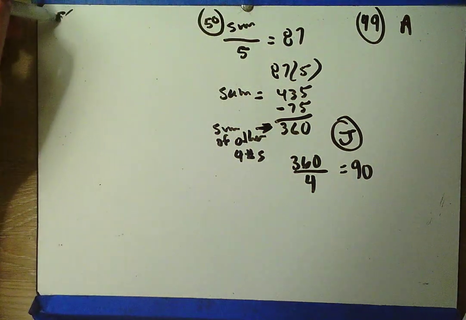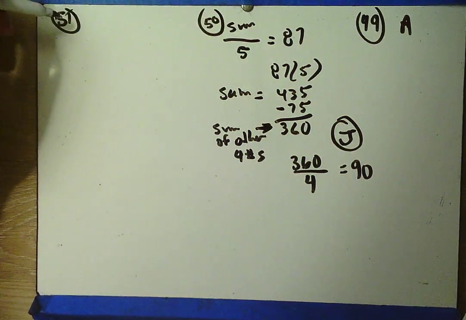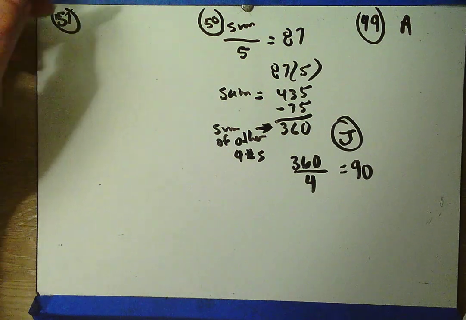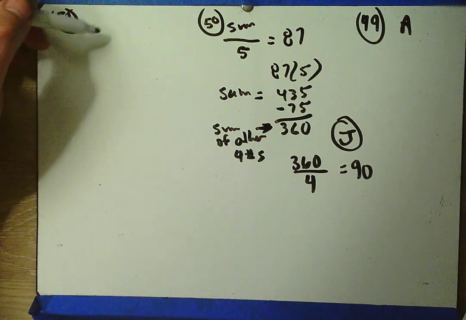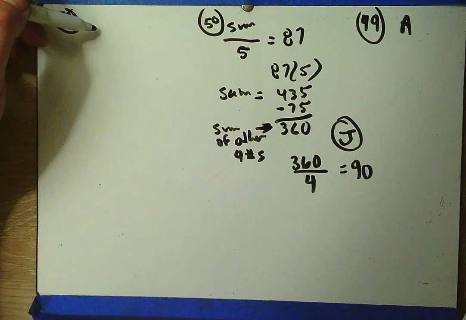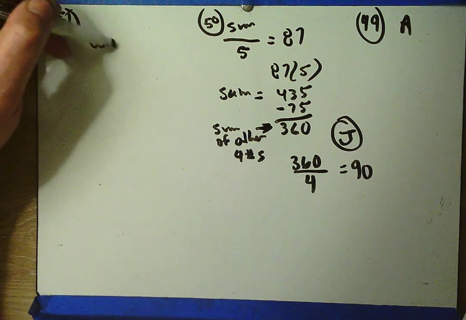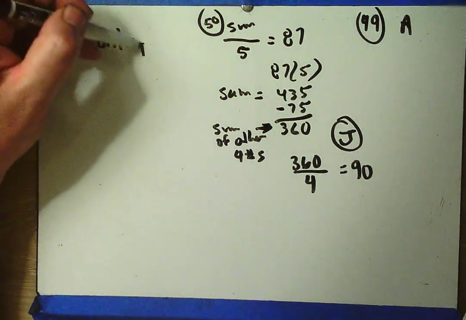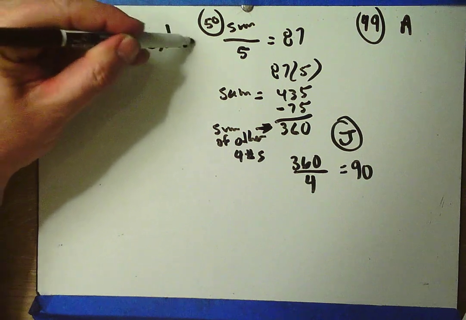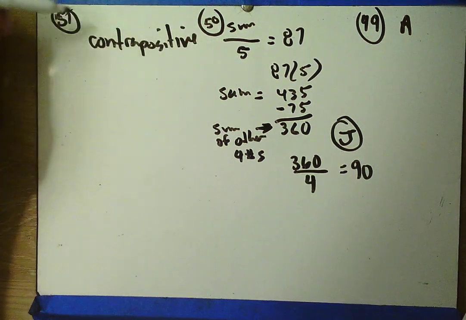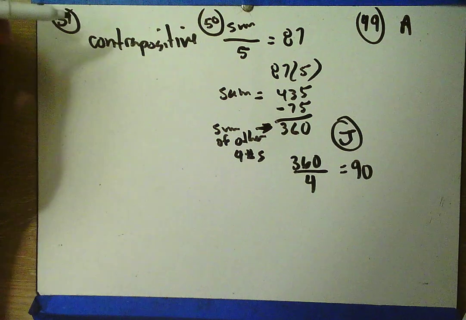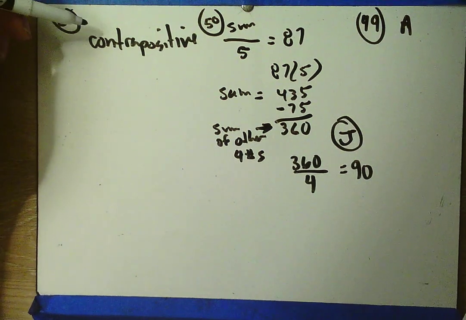51. Jenny is home. Then her car is in the driveway. If the previous statement is true, then which of the following must also be true? Well, in my geometry class 30 years ago, we talked about the contrapositive. If the original statement is true, then the contrapositive must always be true.